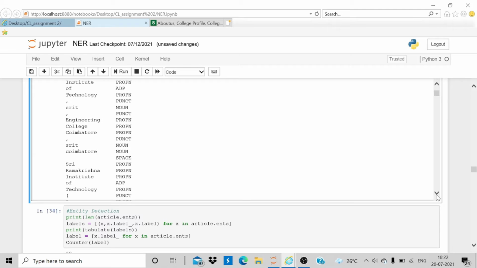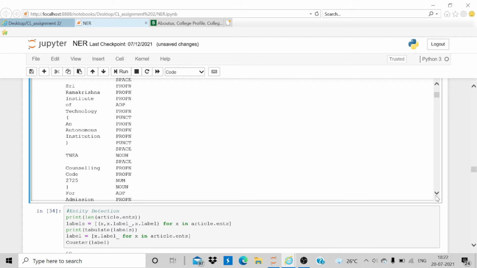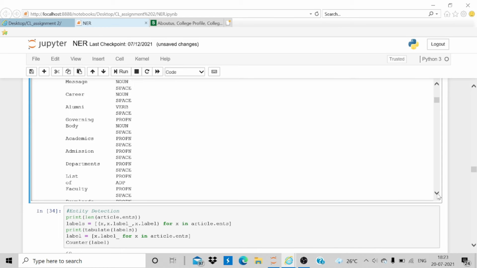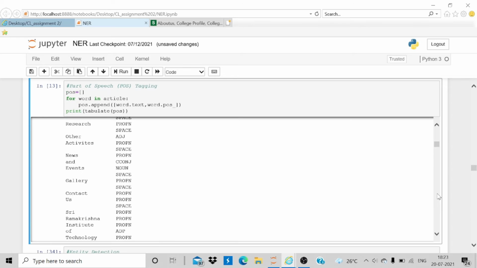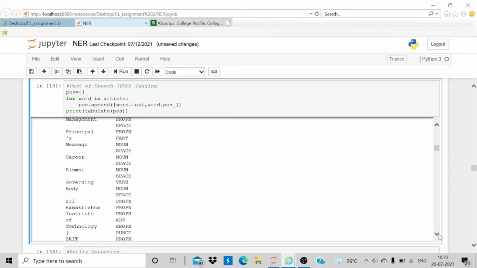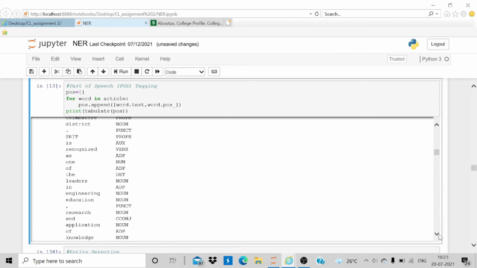SRIT, Coimbatore are nouns, and the space is also tagged as space. And then a number is assigned to NUM. You can see here that D is assigned as a determiner, recognized is considered a verb, and this is a conjunction. So each part of speech tag is assigned to each word.